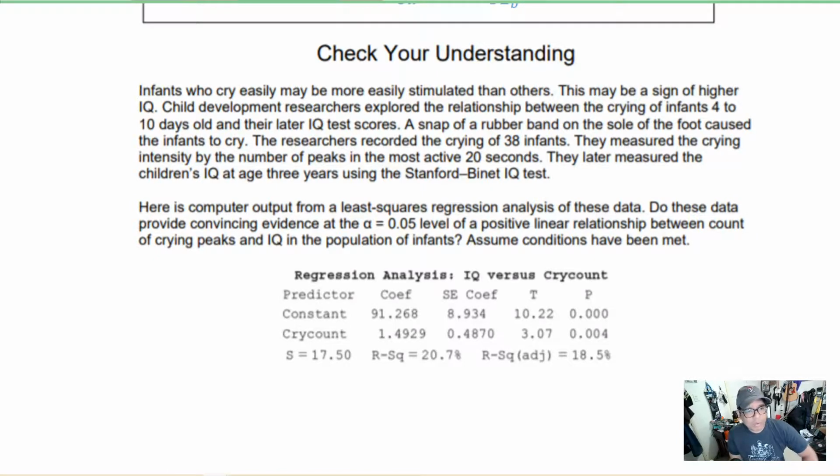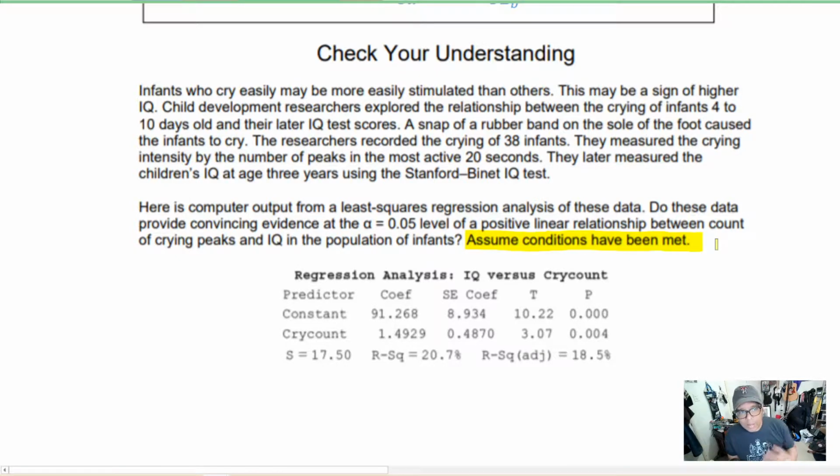Here is a computer output for the least squares regression analysis of these data. Do these data provide convincing evidence at the alpha equals 0.05 level of a positive linear relationship between count of crying peaks and IQ in the population of infants? Assume the conditions have been met.